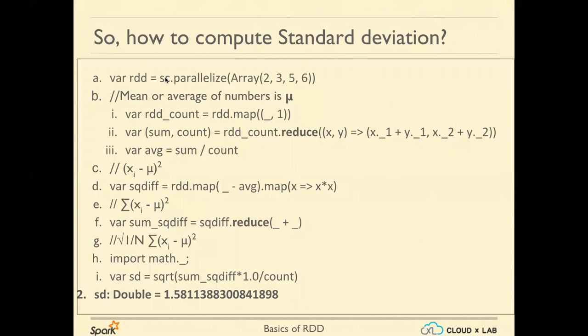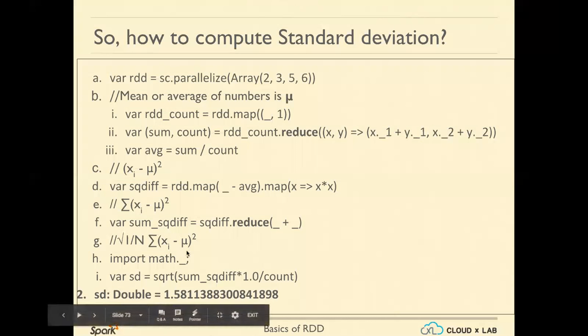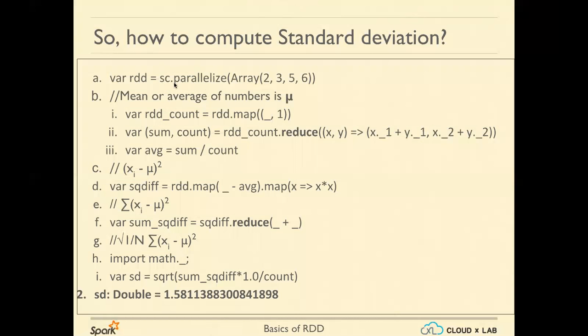Had we been using an array or list or some other construct from Scala, everything would work fine too. If we missed saying sc.parallelize, the entire thing will work fine, and you will think that we did everything in Spark, but actually everything is happening in Scala.